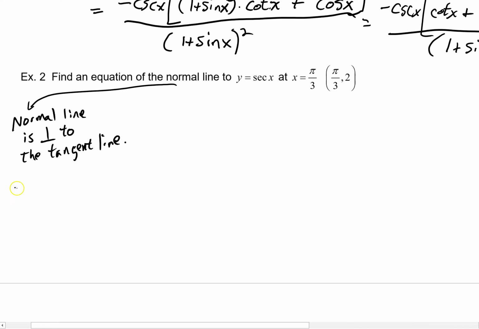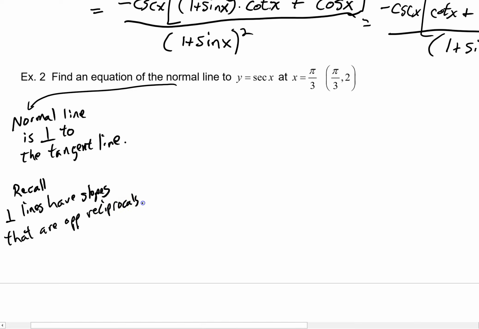But also, we want to recall that perpendicular lines have slopes that are opposite reciprocals. So, let's get to work.